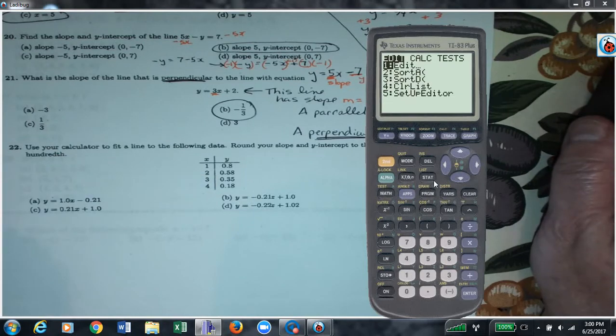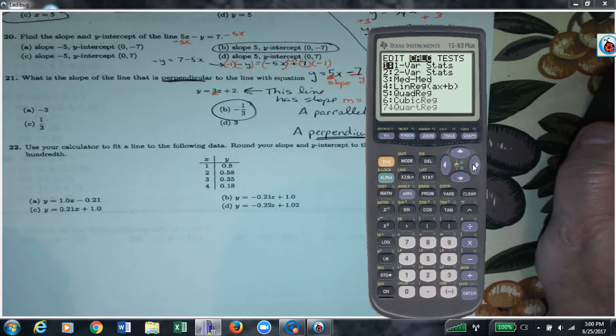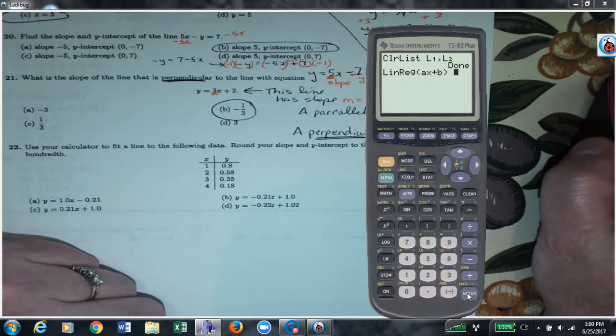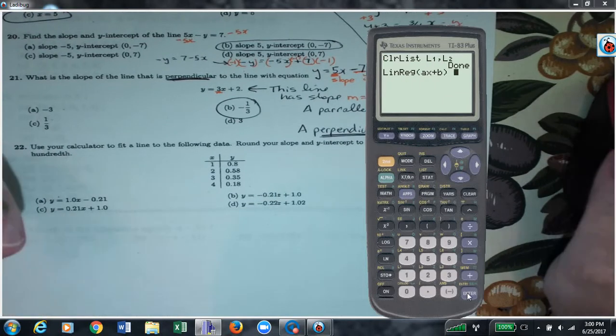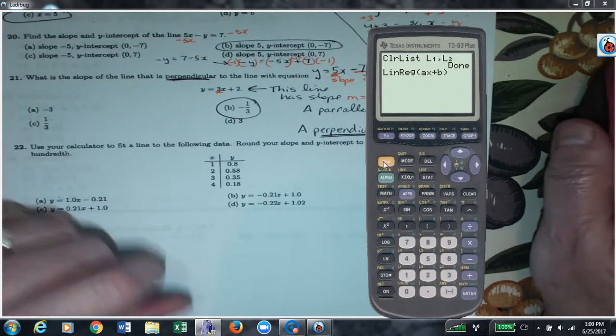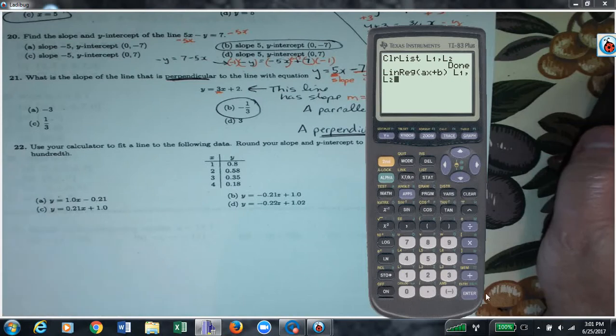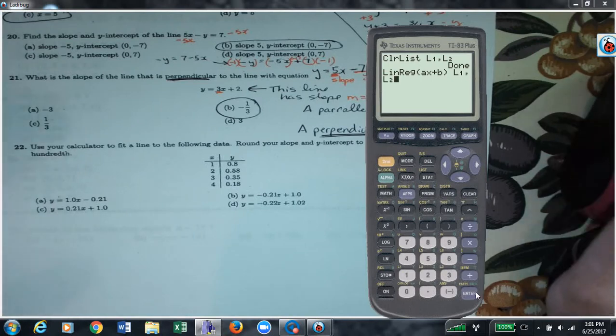Then I press Stat. I scroll over to Calc. And I come down here to number 4, LinReg, linear regression. And what do I want to do? I want to use linear regression if my x values are in list 1 and my y values are in list 2. If you have a newer model, you get a picture and you just have to enter them in separately, a vertical picture.